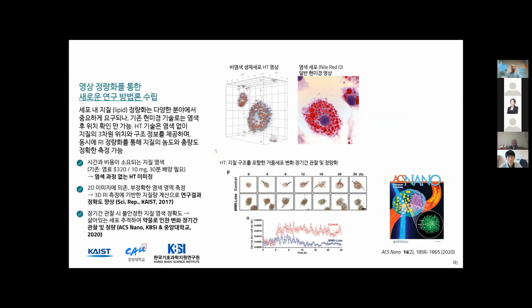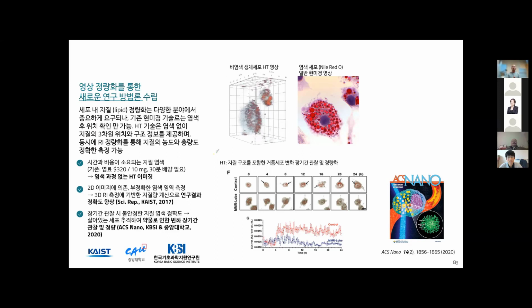And you have to introduce staining using Nile Red, Oil Red O, and other chemicals, which is sometimes toxic and not very efficient in terms of staining efficiency. So you are only able to take a still shot of the dead cell, but if you use refractive index measurement, you can do time-lapse imaging.